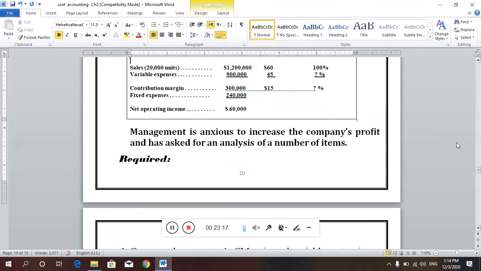And the variable costs ratio equals variable costs per unit, $45, divided by the selling price, which is $60. So the variable costs ratio will be 75%, and here will be the 25%.